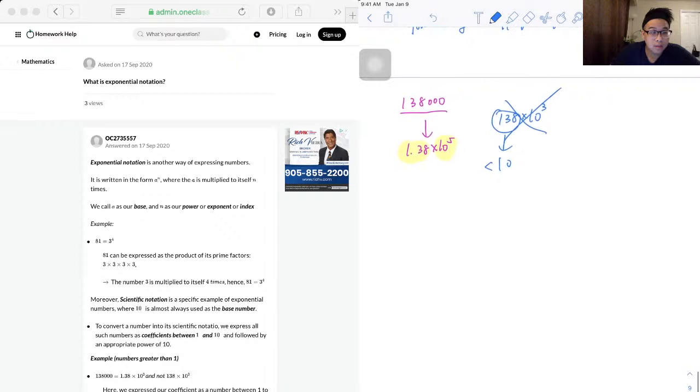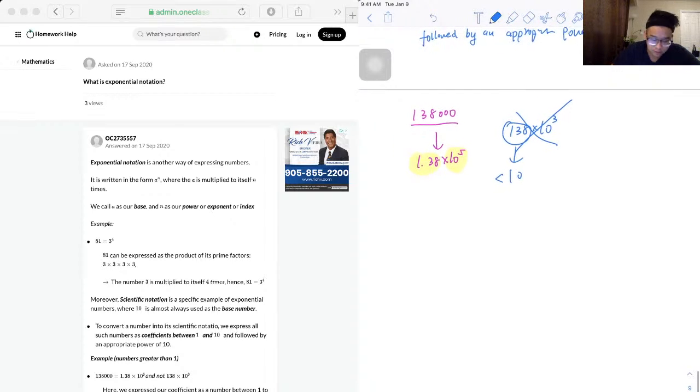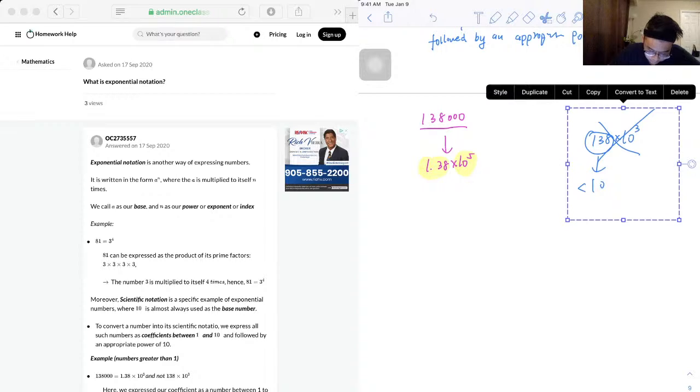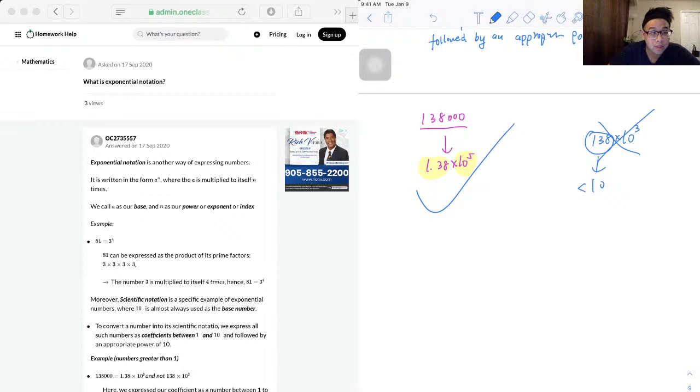I'll move it to the side. So this is correct. So here we express our coefficient as a number between 1 and 10, and hence we need to have only one digit to the left of our decimal point.